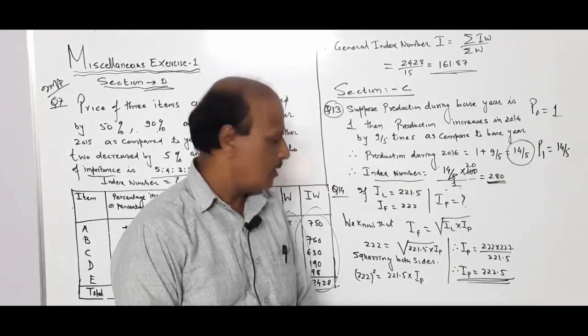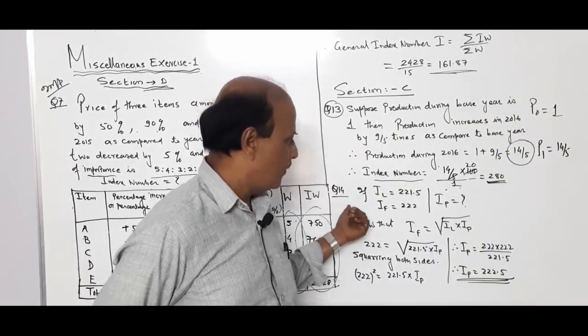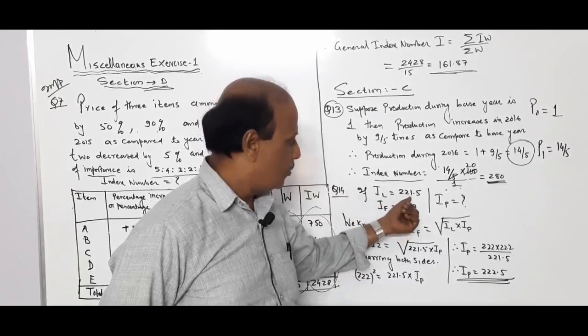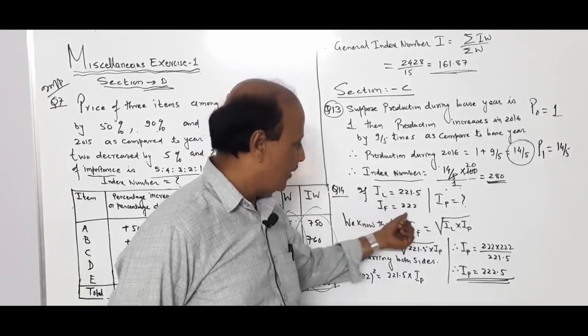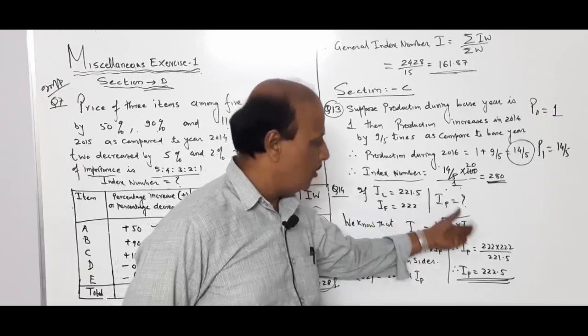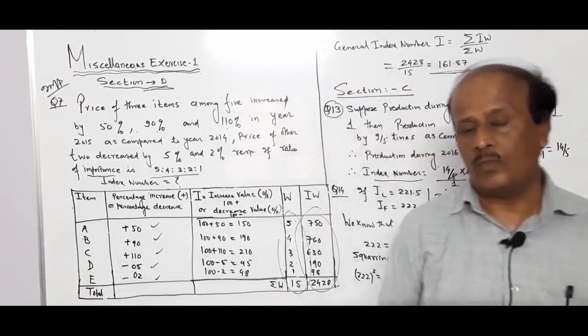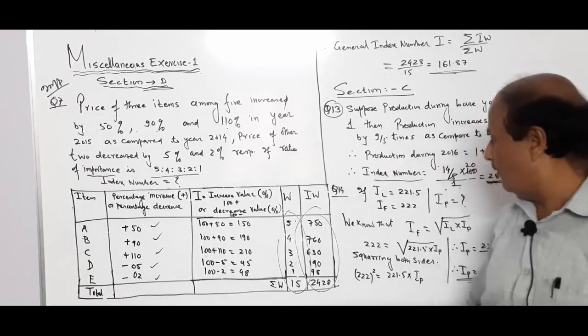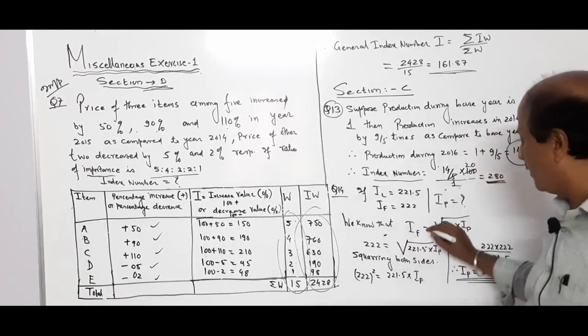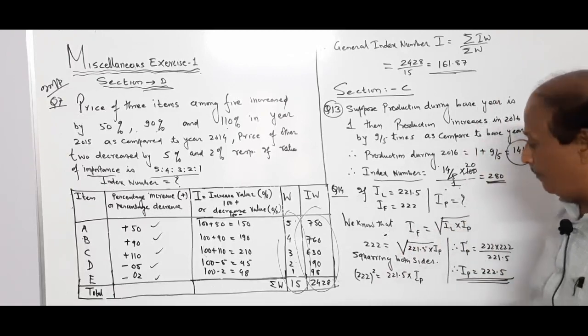Now the last question is question number 14. If IL is given as 221.5, IF is given and IP you are supposed to find. We did this type of question earlier also, a 2 marks or 1 mark question. Then the formula is IF is equal to under root of IL into IP.